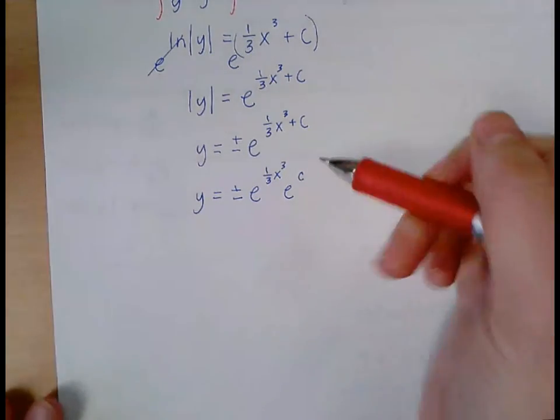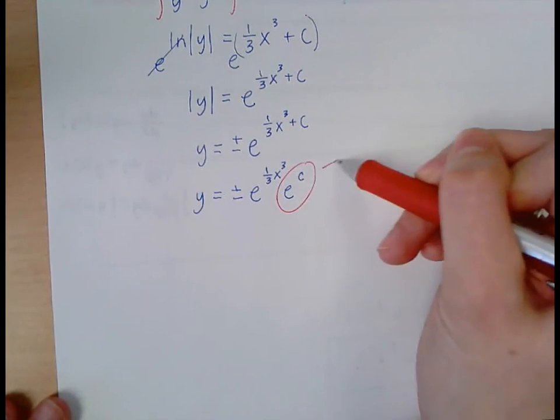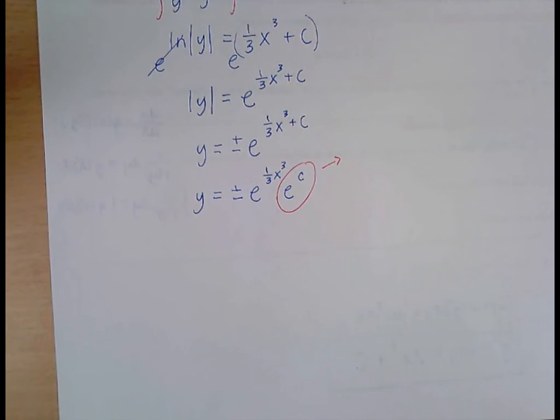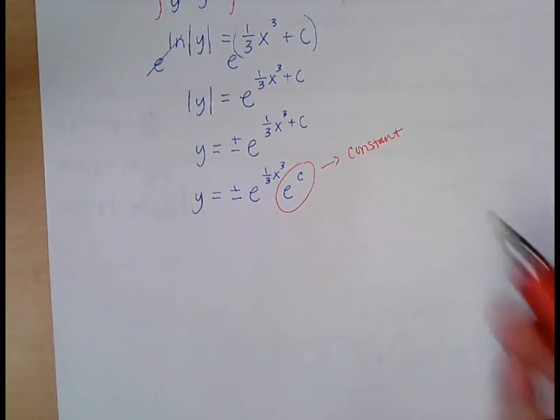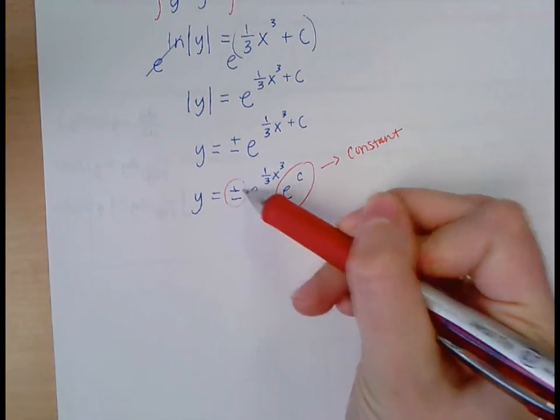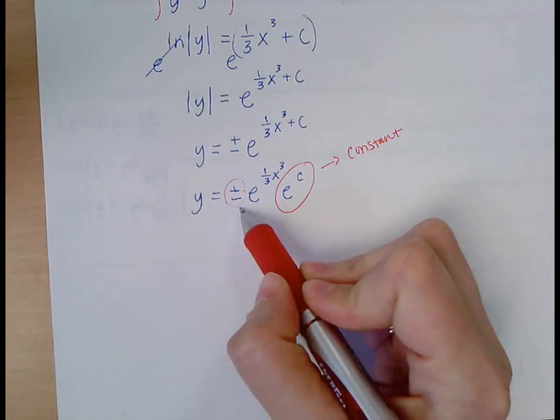Now, why would you do this? c is a constant. e to a constant is still a constant. And actually, I could include the plus or minus in with this.